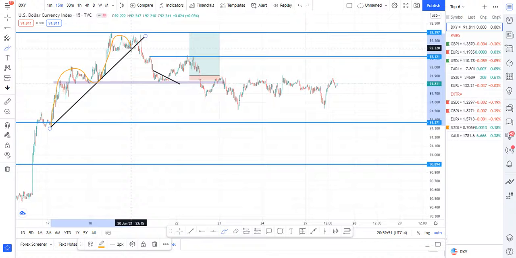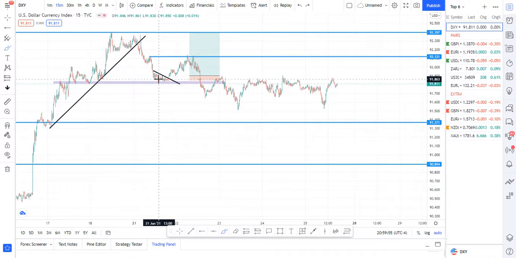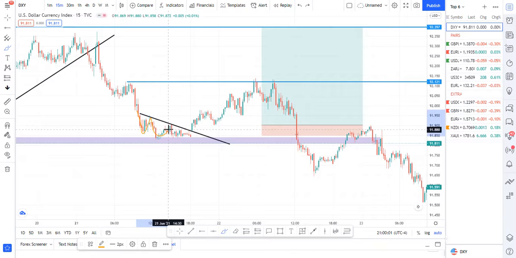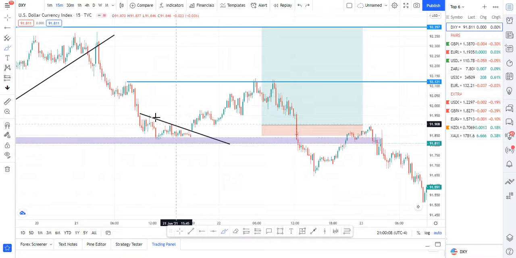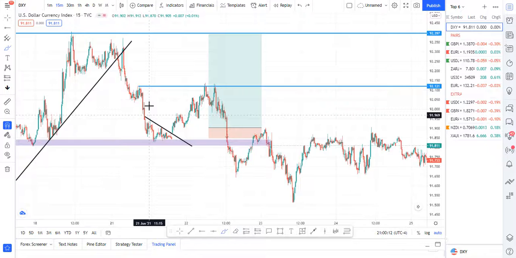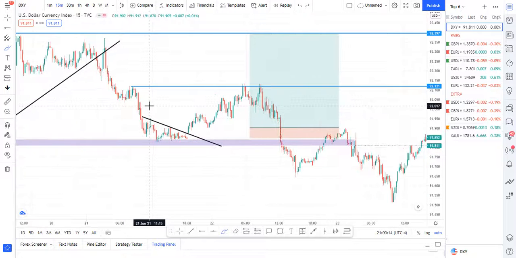Here, price goes down, bounces, goes down, bounces, goes down. Every time we see that, we always expect a breakout on the third or fourth touch, a change of direction.